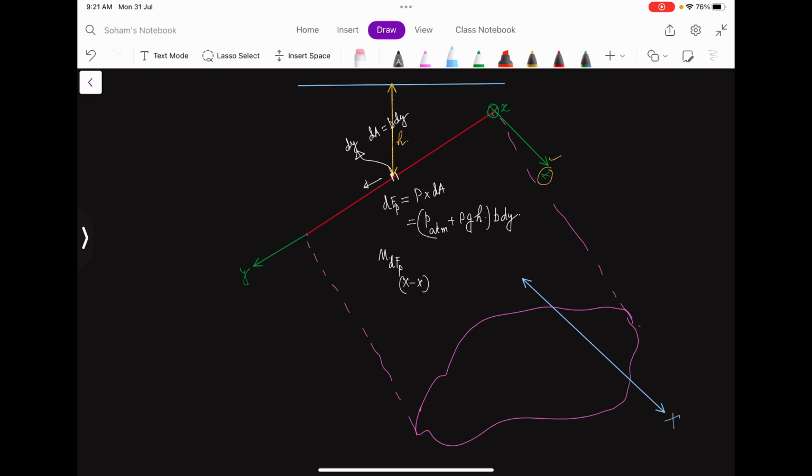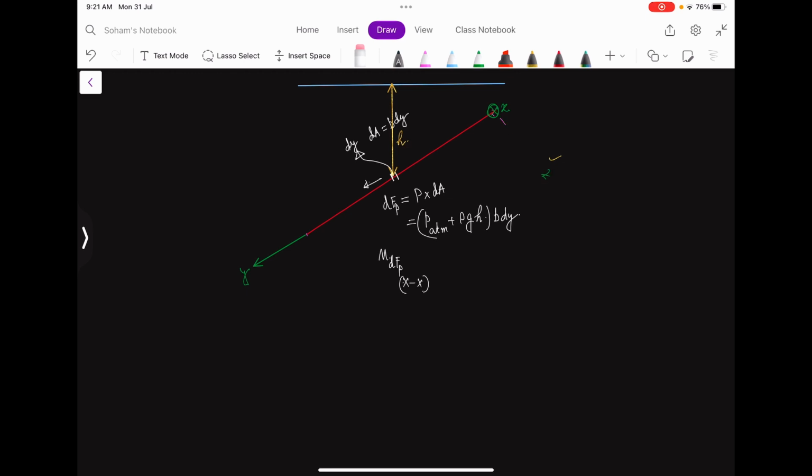So this is my x axis. I hope the orientation of the x axis is clear. I am just removing this.